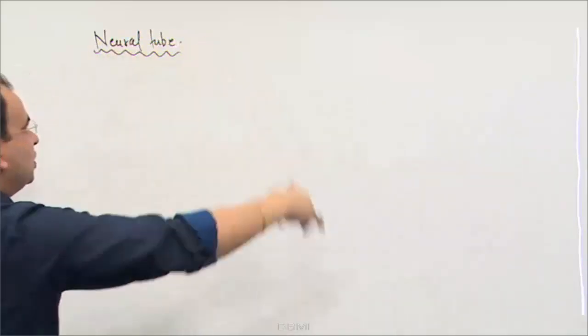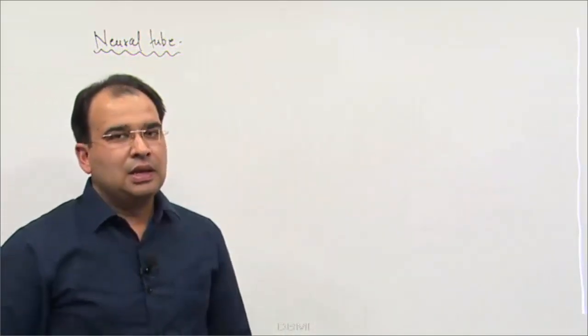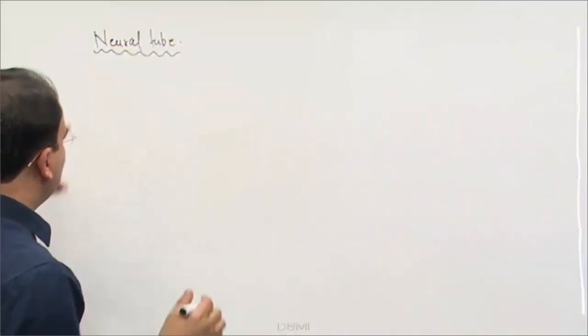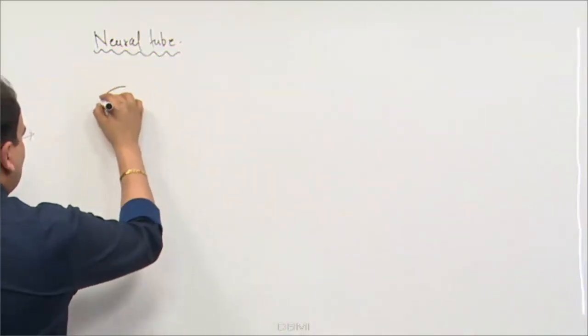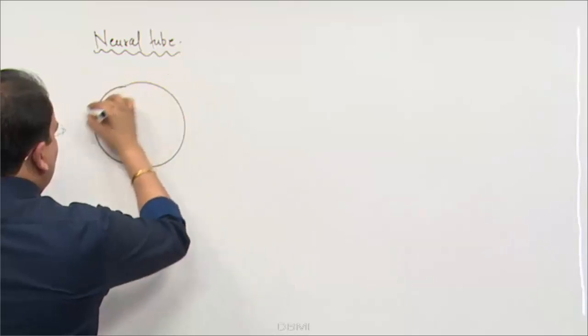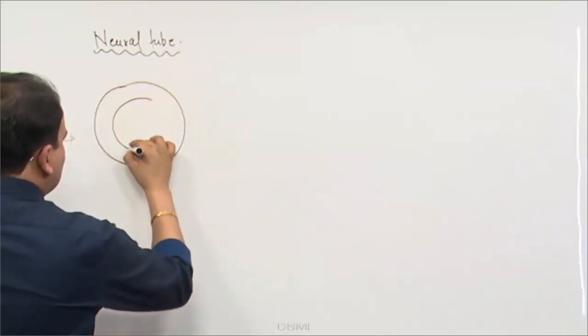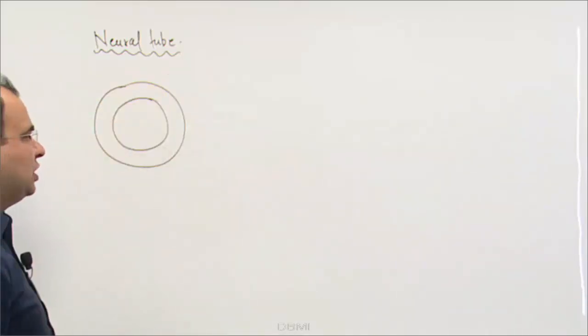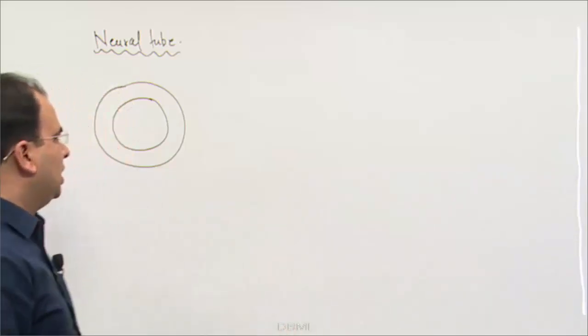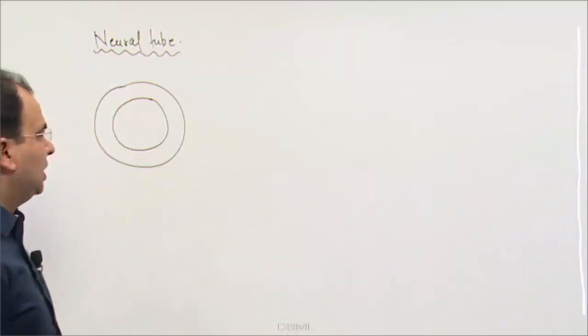Although we will talk about the neural tube in detail in the embryology, let's talk about it briefly so that we can see what cranial nerve nuclei will develop in it. Now if this is a neural tube, as we all know, it is an ectodermal structure which will give rise to the central nervous system.